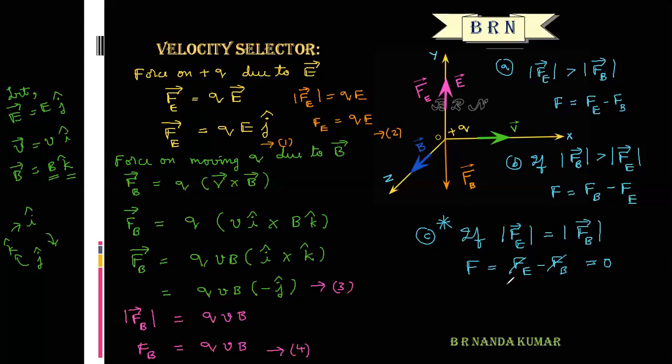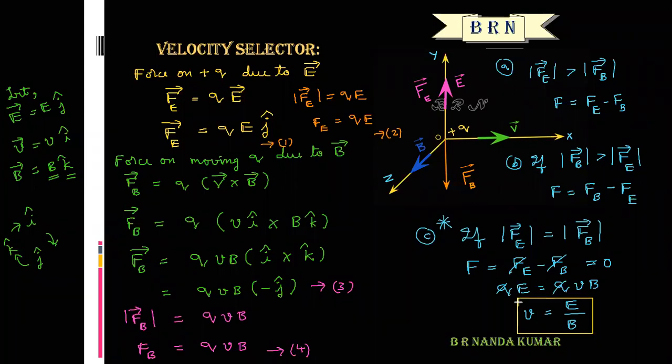That means QE is exactly equal to QVB. Is it not? By using this formula, we can easily calculate the value of V. Here Q cancels. V is equal to E divided by B. So this is the mathematical expression for the velocity selector.